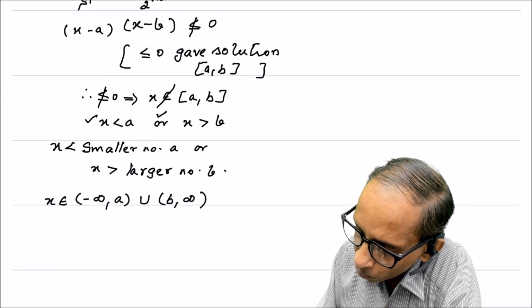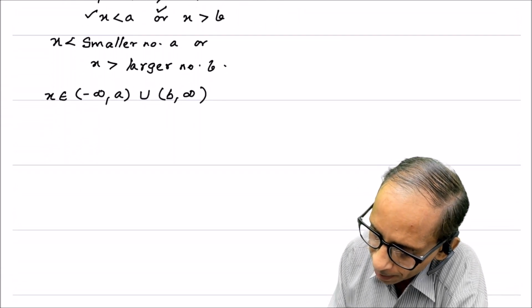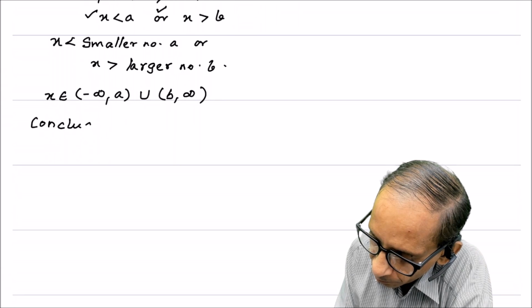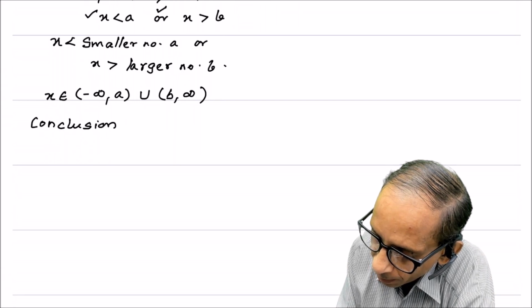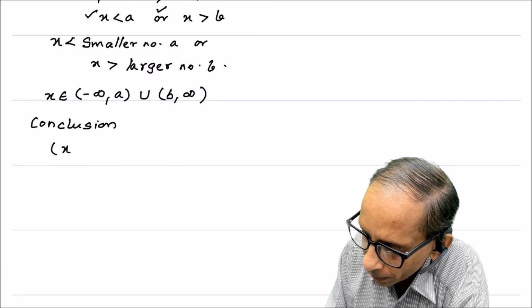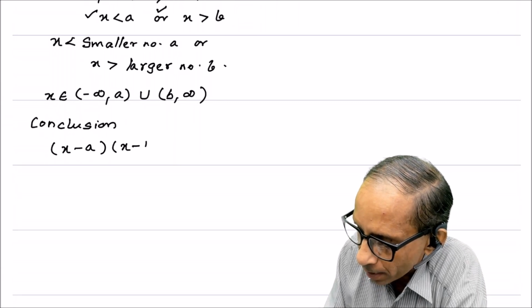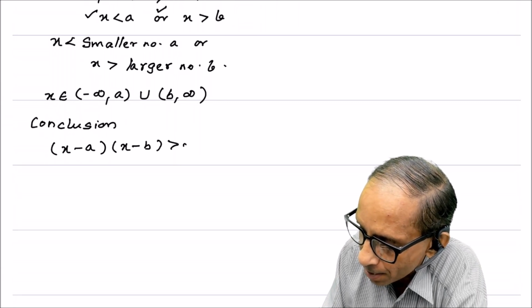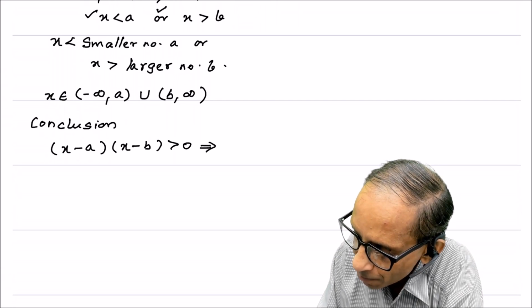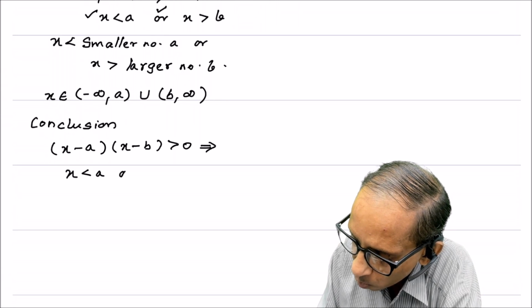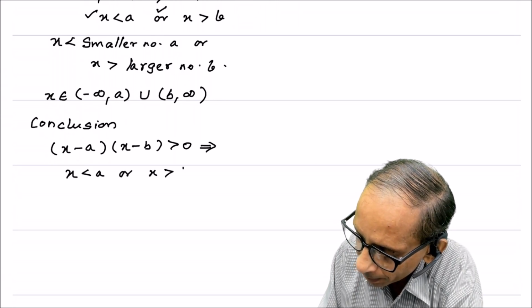So what we conclude for this particular case is, in case the quadratic inequality is (x minus a) into (x minus b) greater than 0, then this will mean x less than a or x greater than b.